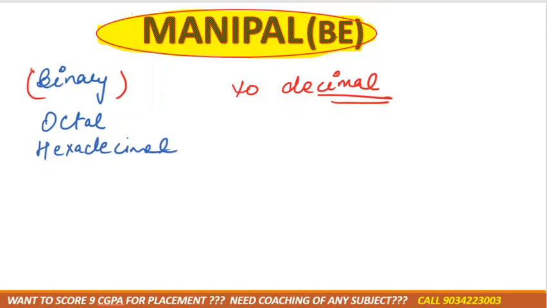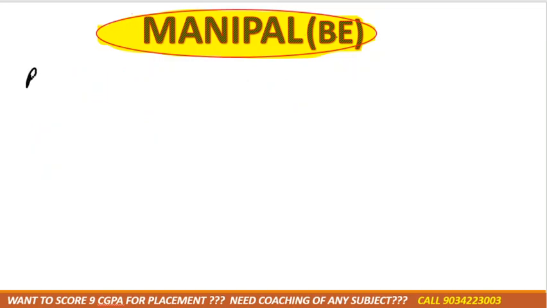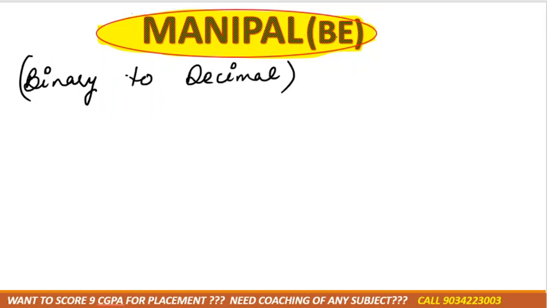Got it? So first of all, a binary number is, as I told you, represented by 1 and 0. So first we'll learn about the binary to decimal equivalent.